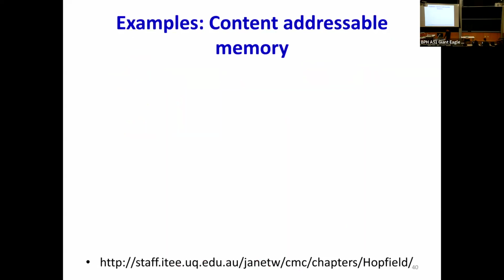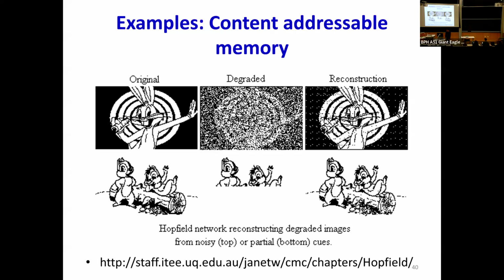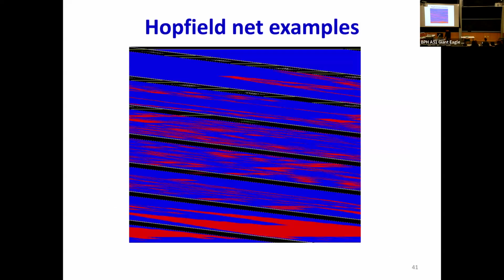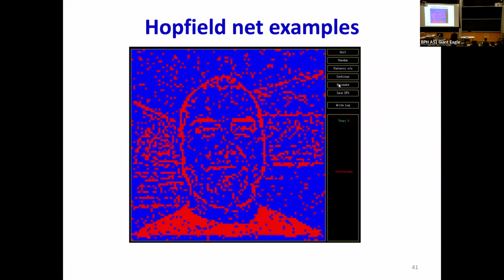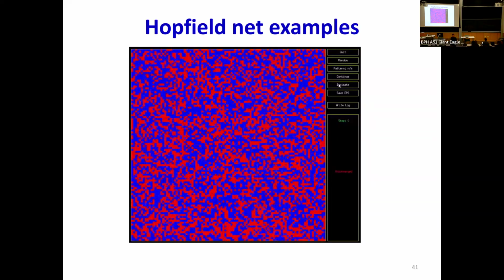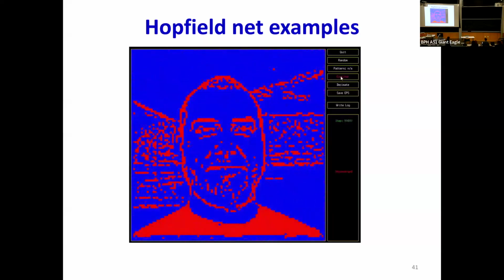So here are some examples. This was a network where it stores these two patterns, the Chippendale and the Bugs Bunny. But if you initialize the network with a partially corrupted version of it, and then let the system evolve, it's going to go back and recall the original pattern. Here was a very nice example that someone put on the web, where they constructed a network into which you could design the weights to store different patterns.